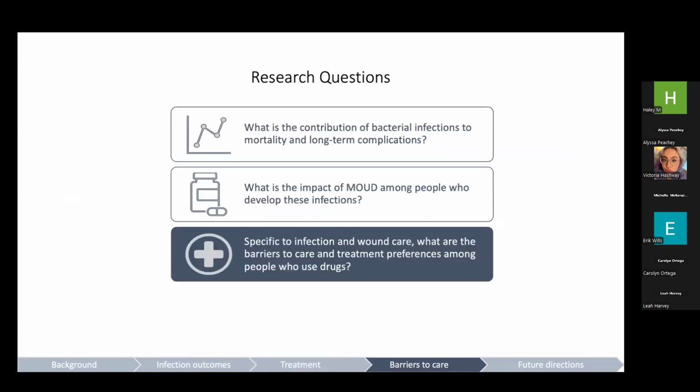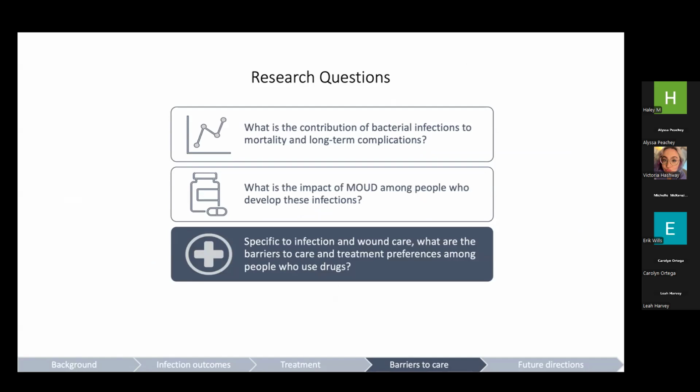So now I'll pivot to thinking about barriers to care and treatment preferences, noting that medications for opioid use disorder are just one strategy in providing services for people who might be at risk of developing these infections or people who are managing these infections.